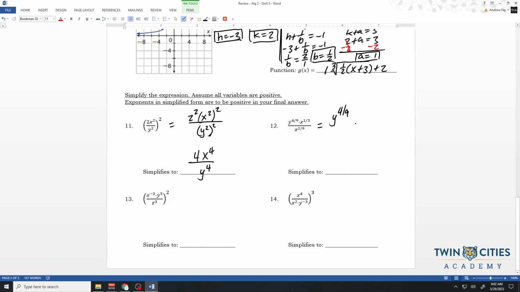But for the x part, I've got x to the 1/3 minus 2/9. This is the same as saying y to the 4/9 times x to the, let's make a common denominator, 3/9 minus 2/9. And then, of course, 3 minus 2 is 1. So my final answer will be y to the 4/9 times x to the 1/9.